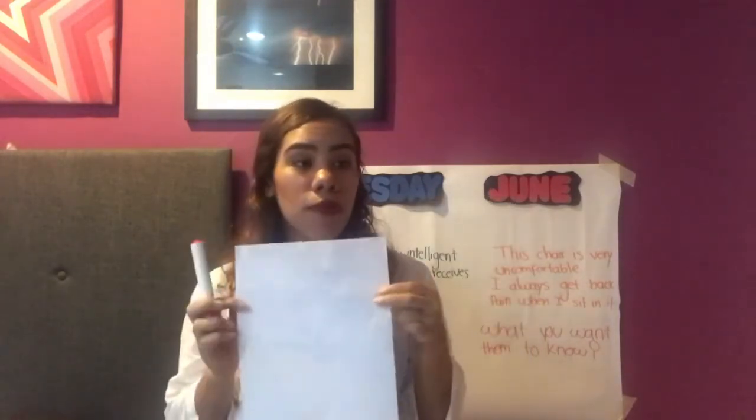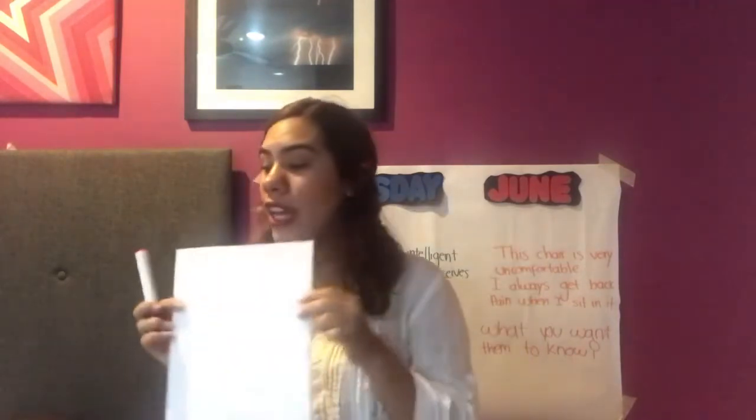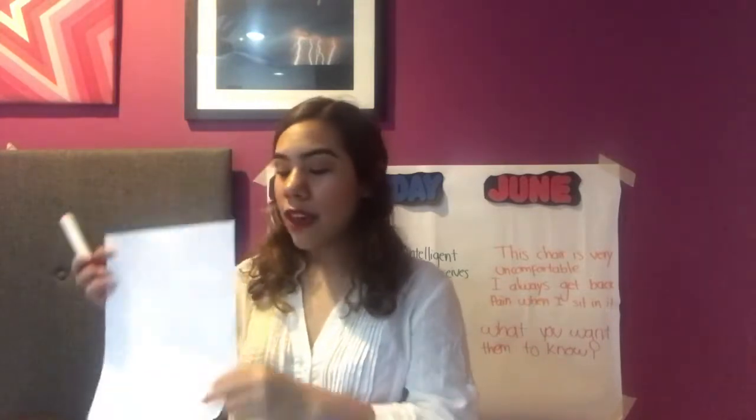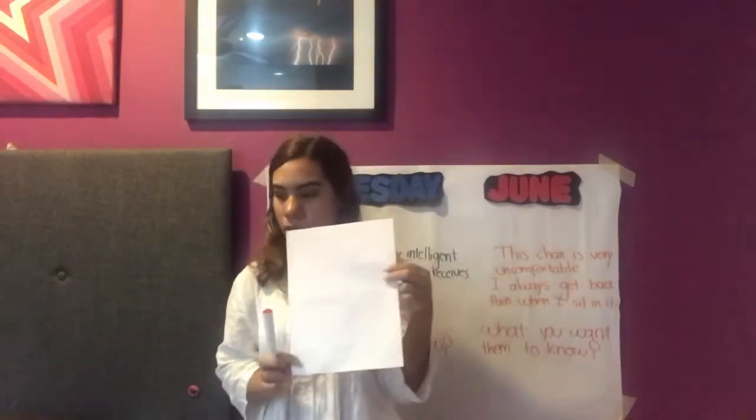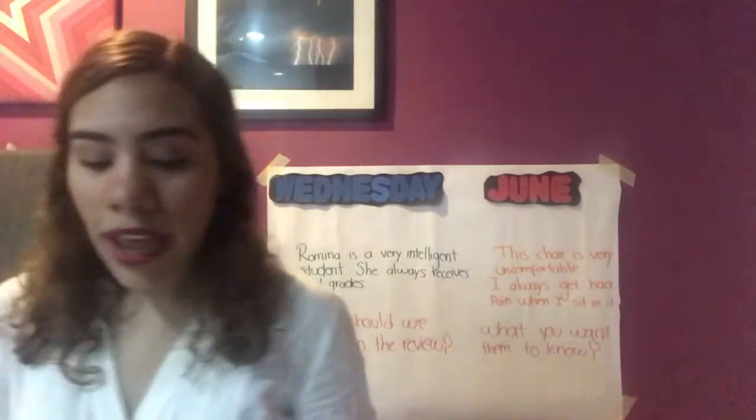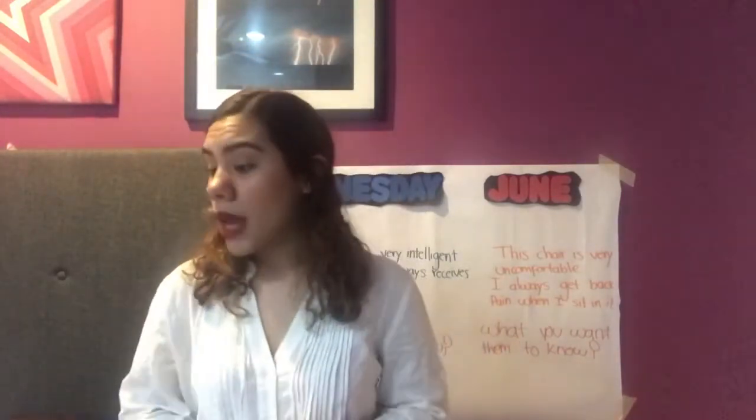It's one per team. So each team will give me their organization of the book review, okay? This is one per team. Now I will give this to team number 1 and this to team number 2. And for this activity, you will have 6 minutes, okay?